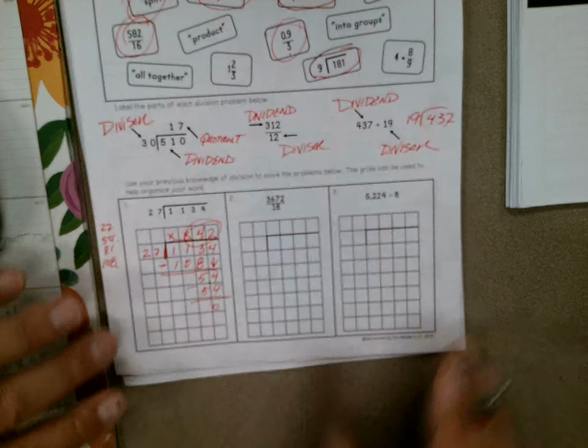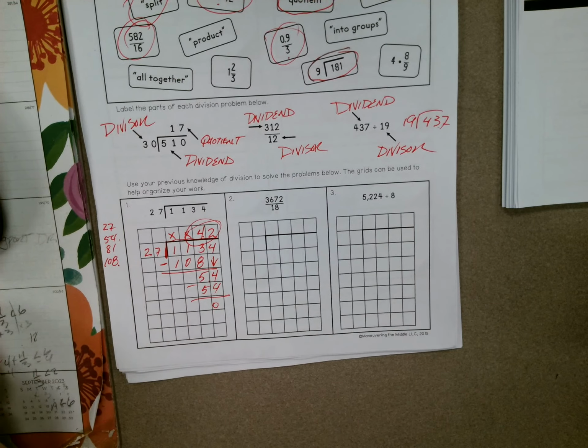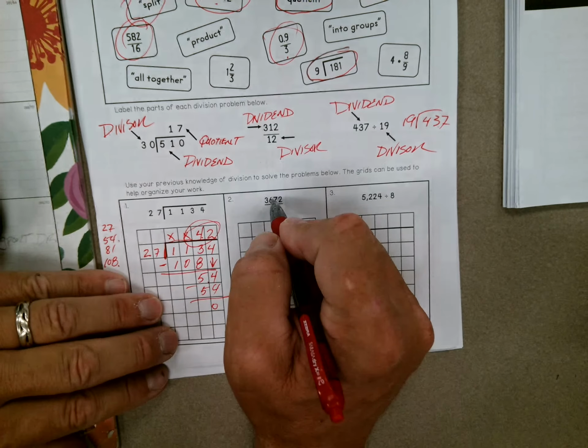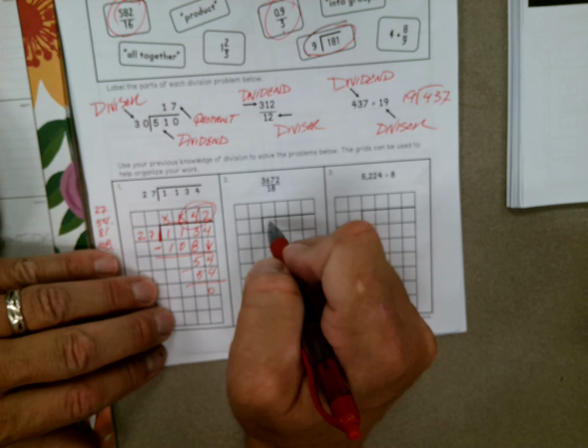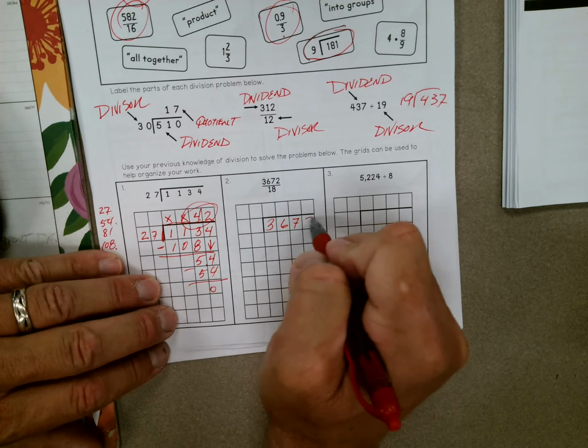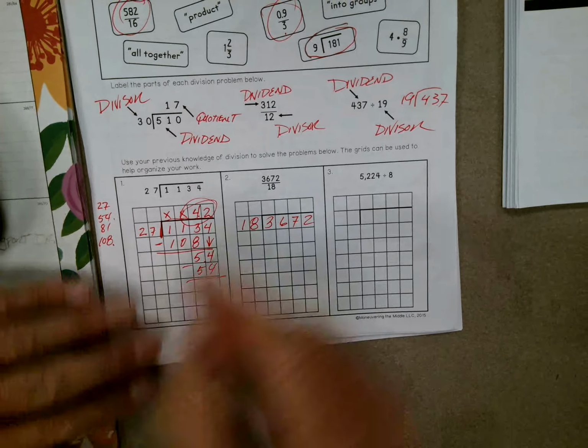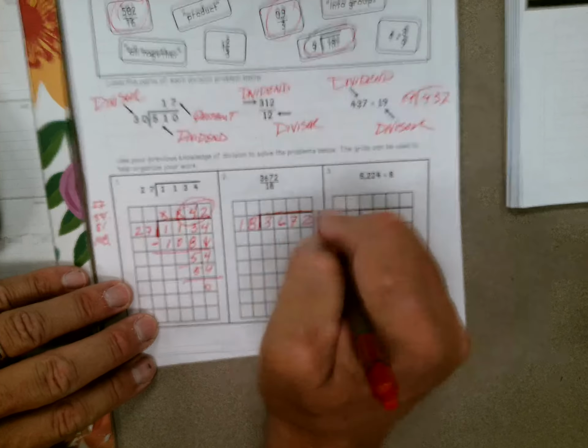Now, in 6th grade, we're not always going to get a difference of 0. We're going to annex. The first number is the dividend, 3672. The second number is the divisor, 18. It goes like this.